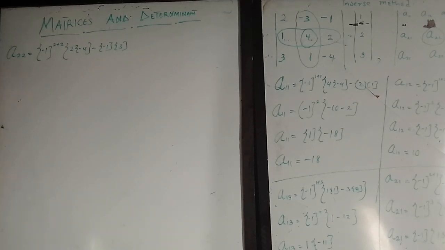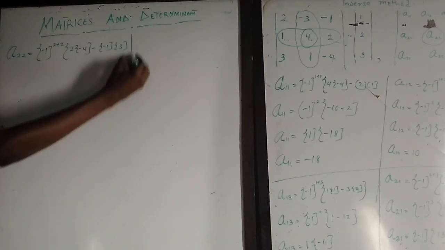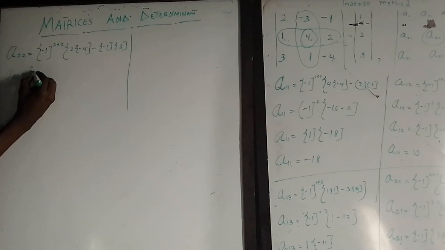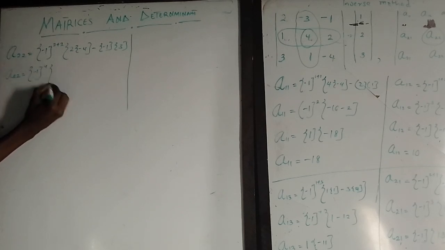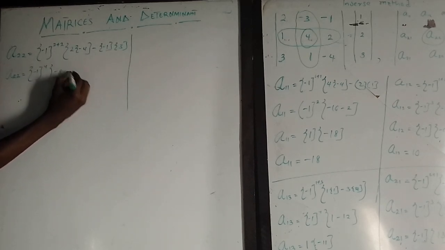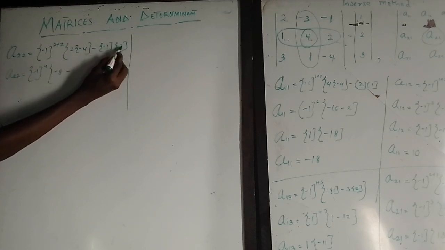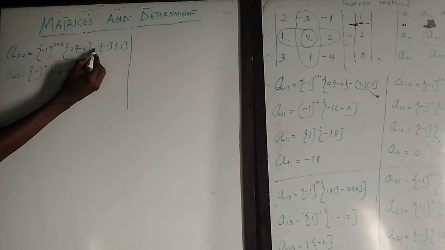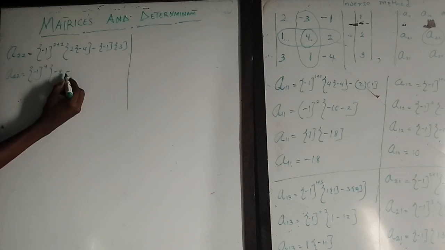So we are going to have our A22 equals to what? Minus 1, 2 plus 2 is what? 4. Do we understand? So 2 times minus 4 will give us minus 8. Minus 1 times 3 will give us minus 3. Minus 3 times minus will give us plus 3.